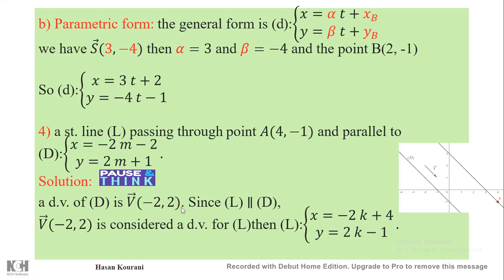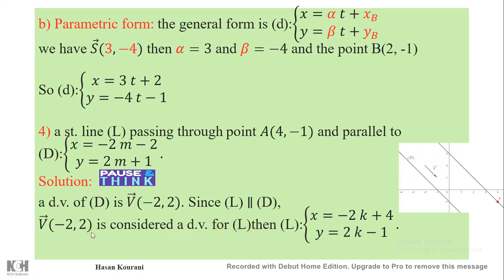Now, since L is parallel to D, this leads to say that V itself, which is a direction vector of D, is also considered a direction vector for L, isn't it? It has the same direction as D, since D is parallel to L, as I have said.